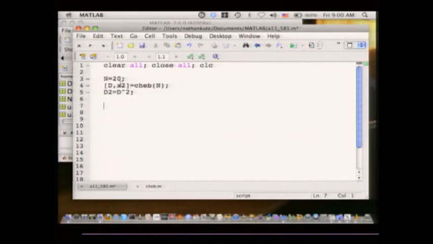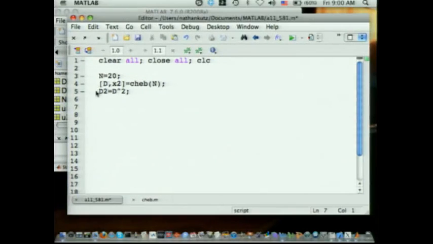Okay, so let's come back here, and let's start building this thing. So first of all, we're going to start this thing off. Let's stay with 20 for now. And notice, when I do this, there's no sense of directionality. Right now, I have a differentiation matrix, right?